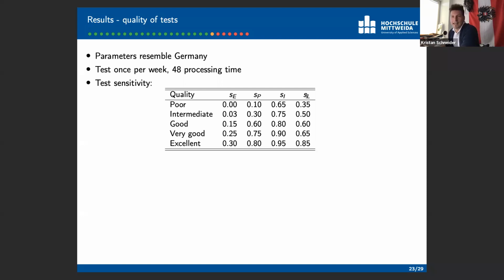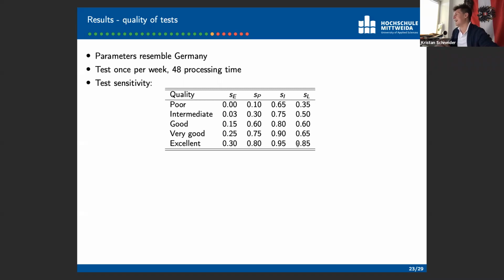So that would be like a PCR test, where it correlates with the viral load in the nose or the saliva that you have. The next thing is, we have intermediate tests and so on, and then we go to excellent tests.